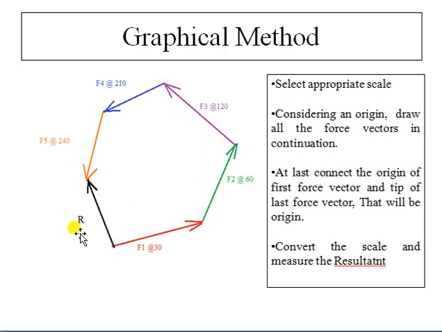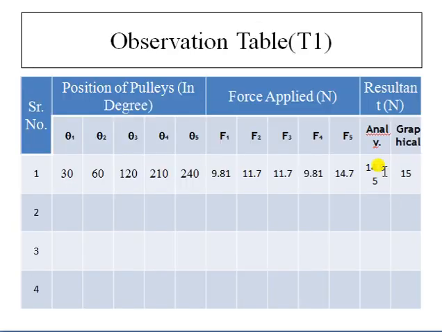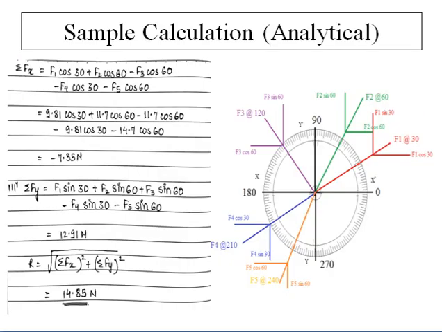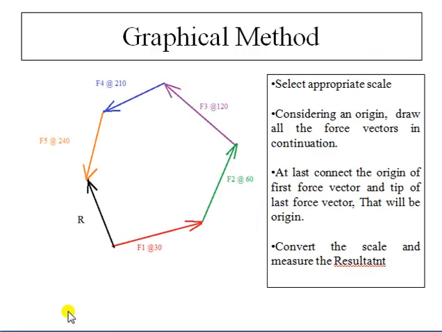So this resultant force, we will measure it on the scale and convert it according to the scale we have considered for the graph. So in this case we obtained the value as 15 Newton. So this is how we calculate analytically the representation of different force vectors, and then we verify that with the graphical method.